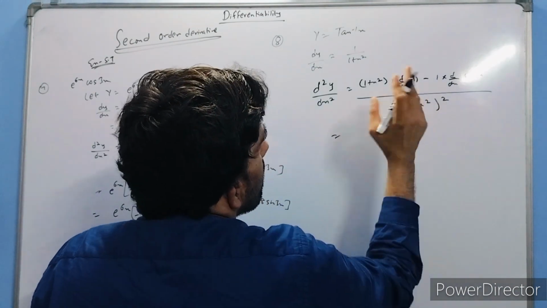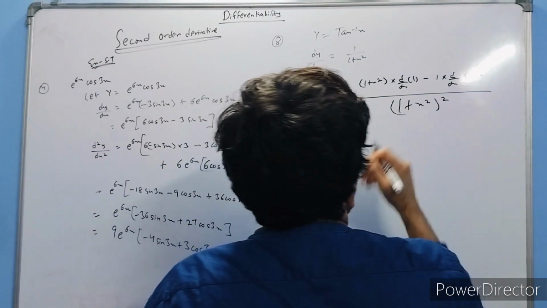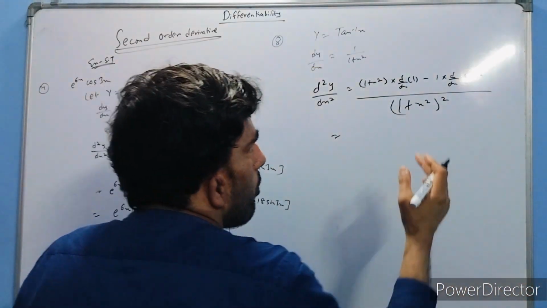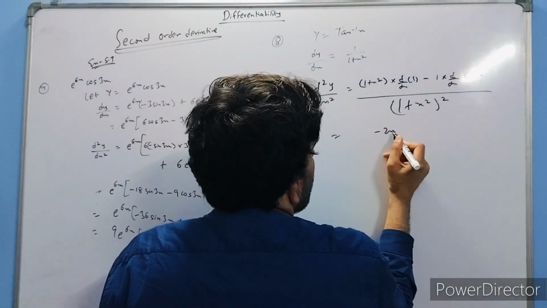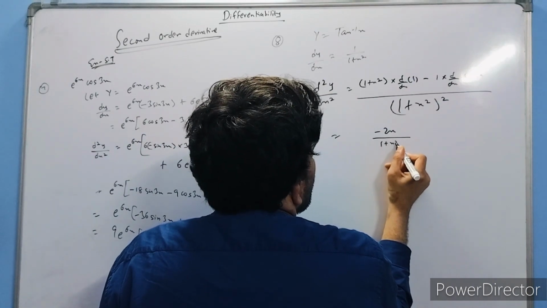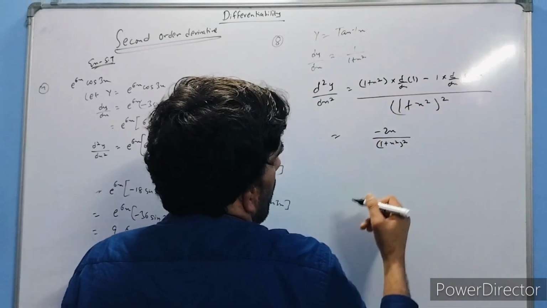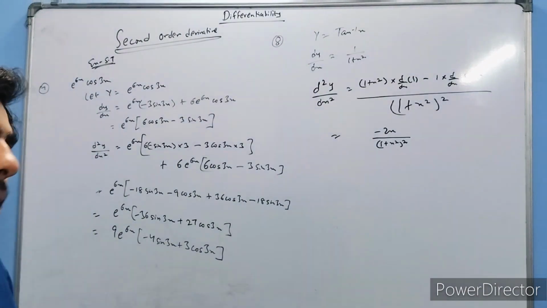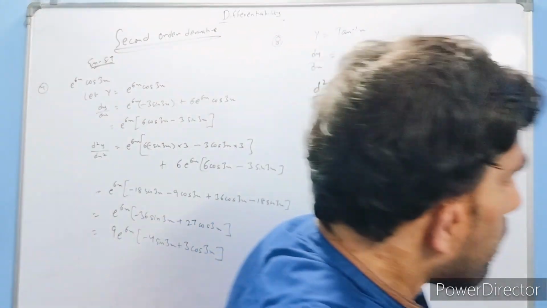So differentiation of 1 will be 0, and 0 into something will be 0, and we have this. So we have minus 2x upon 1 plus x square whole square. So that is how we find the second order derivative.